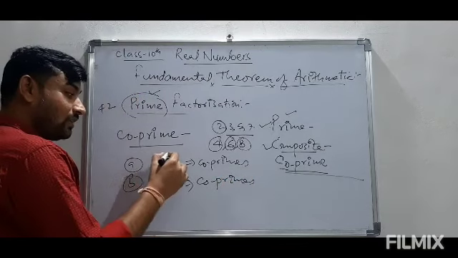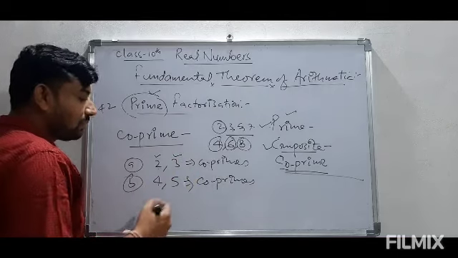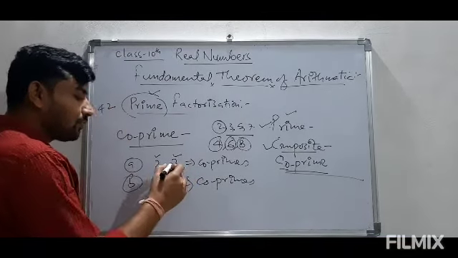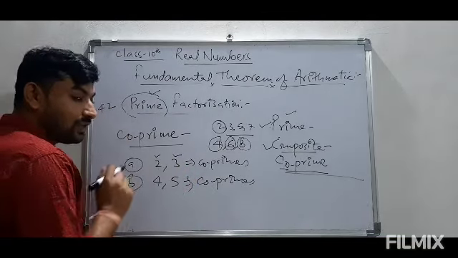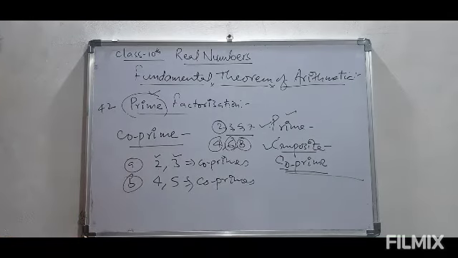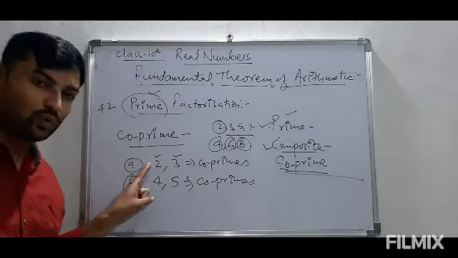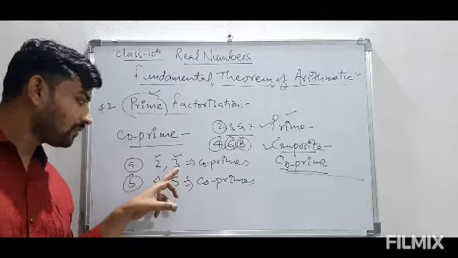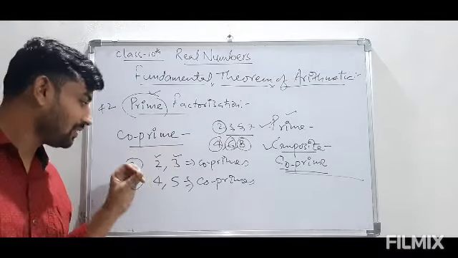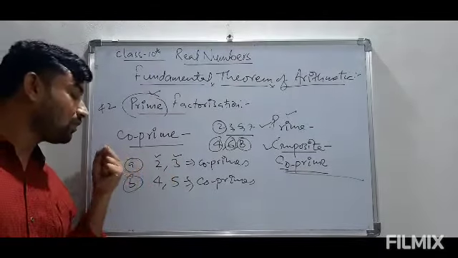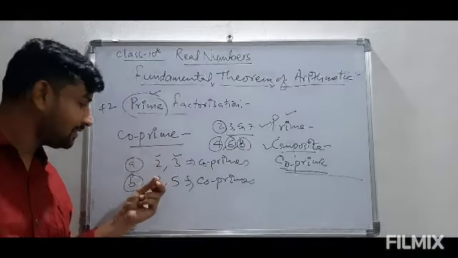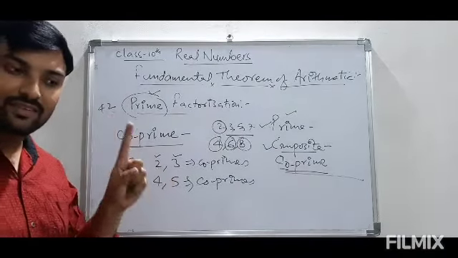As we know that 2 and 3 are primes, so there will be only one common factor out of these 2, that is 1, because the factors of 2 are 2 and 1, factors of 3 are 3 and 1. But if we talk about the common factor, it is only 1.